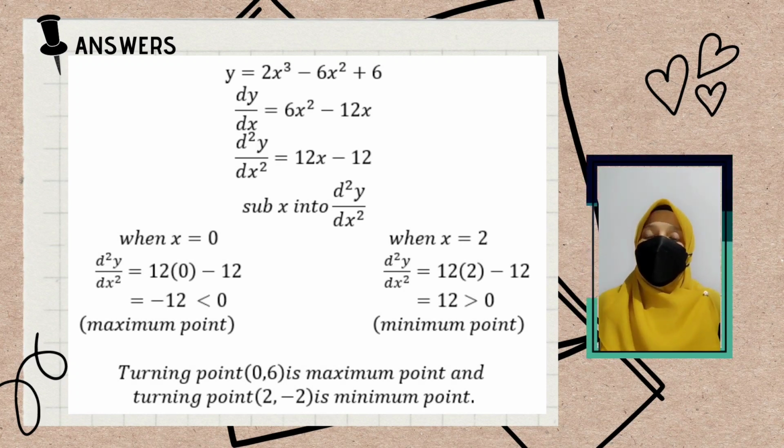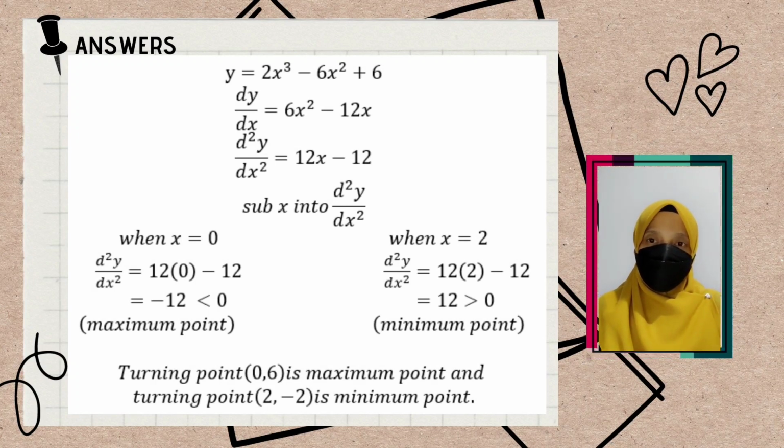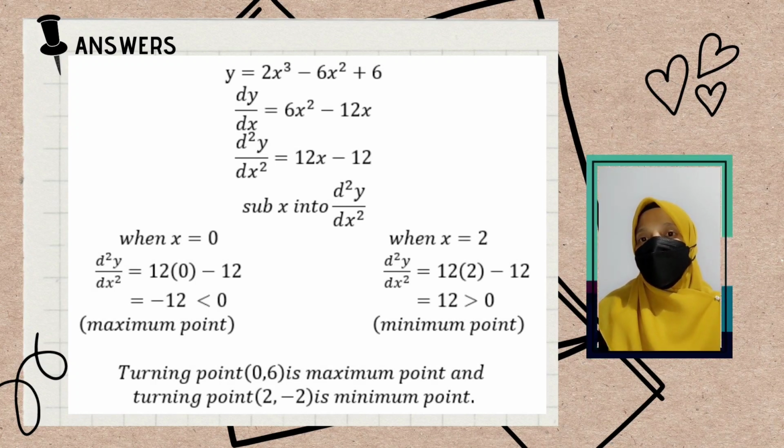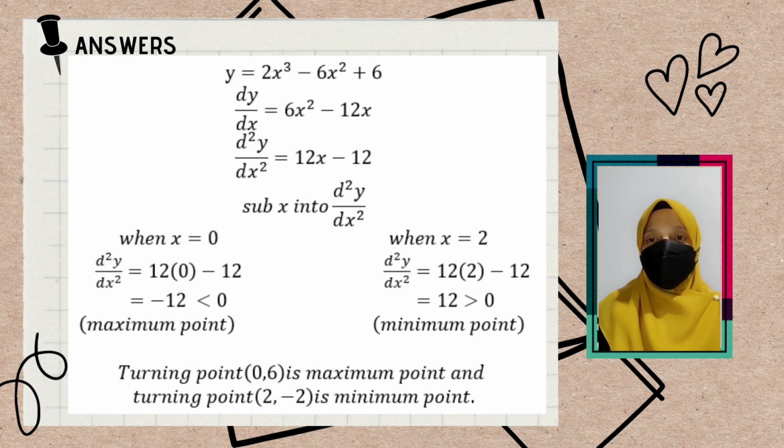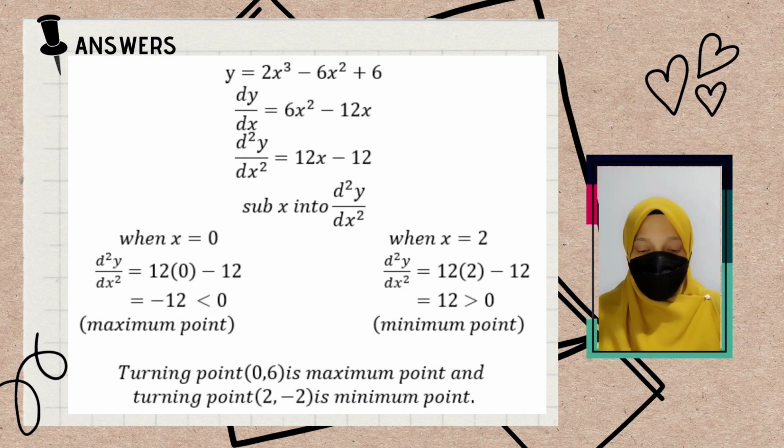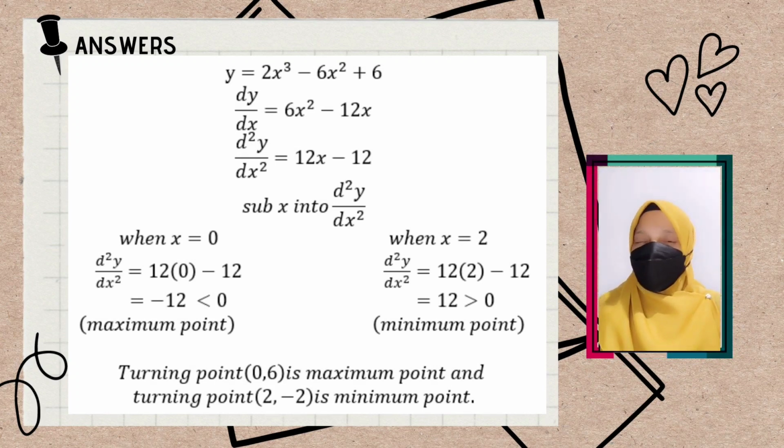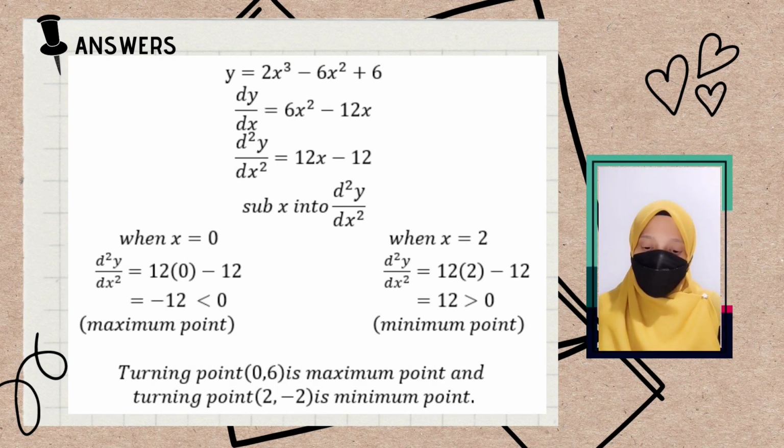When x equals 2, we substitute and d squared y over dx squared is positive, so this is a minimum point.